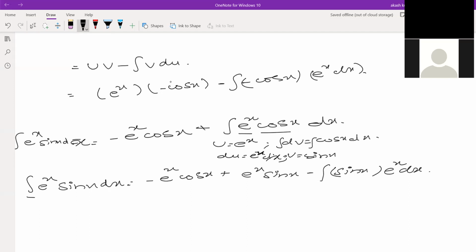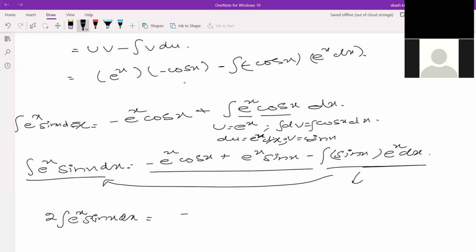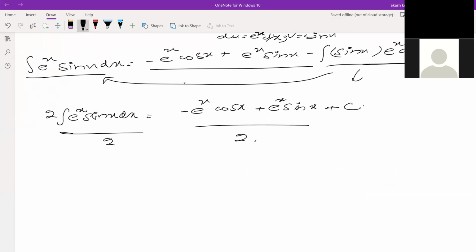Okay, now we realize that we have come back to our question. Like in the answer we have got the question. So can we shift our question to this side? Yeah, the other side. Yes, so it becomes 2 integral of e^x sin x dx, and this side it will be left only minus e^x cos x plus e^x sin x, and dividing both sides by 2, we have the constant of integration as well.